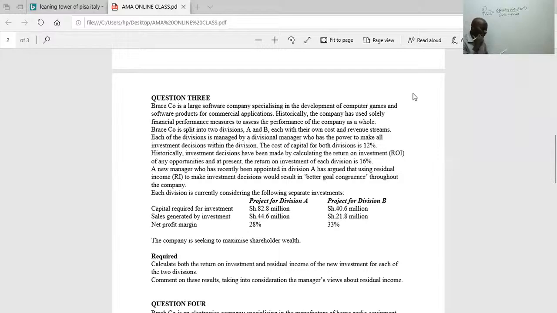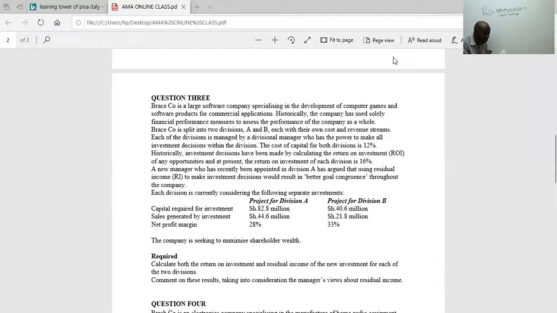I can see the capital that was employed for each of the divisions, the sales generated by the investment, and the net profit margin. From this net profit margin, I expect somebody to give me a formula which will help us get the operating profit.